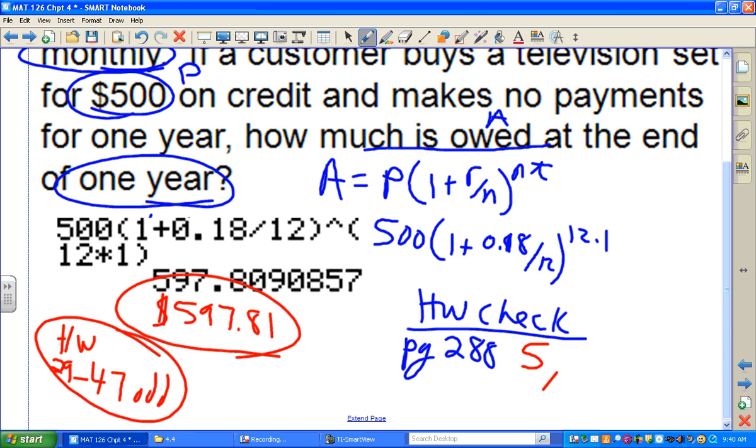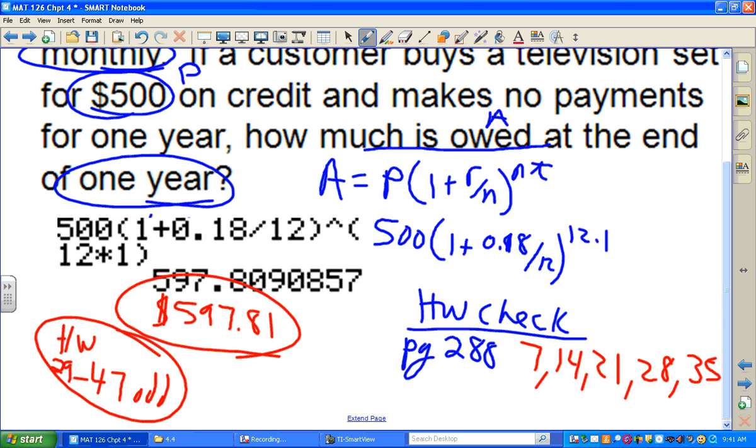Oh, we can do multiples of 7 then. 7, 14, 21, 28, 35. Piece of cake.